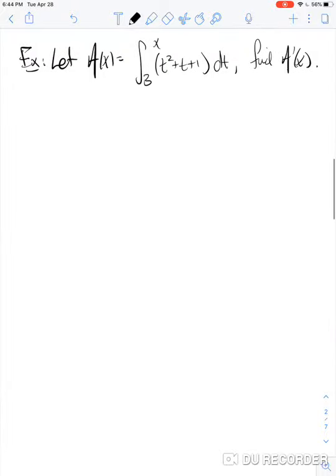So here's a quick one for part 1. Let's say we have this area function, which really could be anything. So here it's the area from 3 to x of this function, t squared plus t plus 1, dt. So how would I find A prime of x? Well, in the previous theorem, it says that A prime of x is essentially f of x, correct?